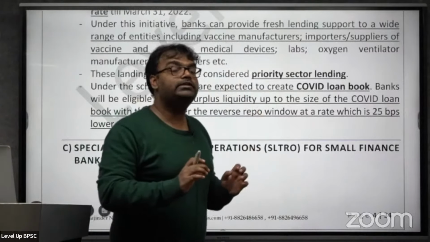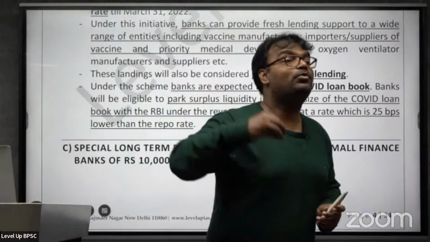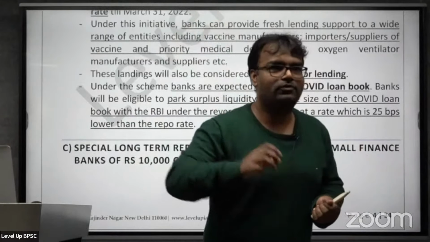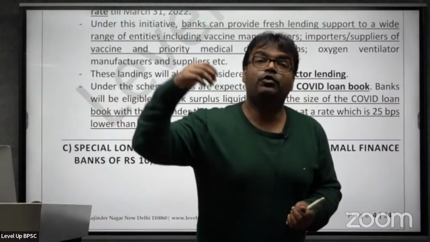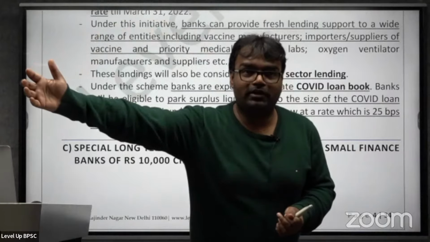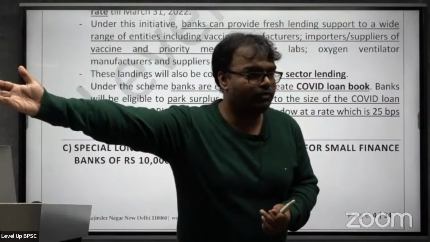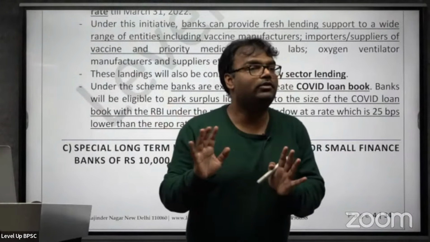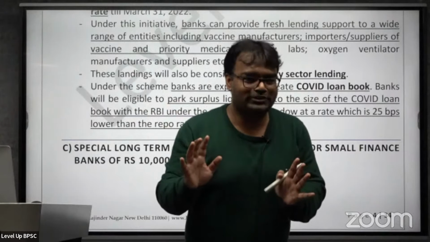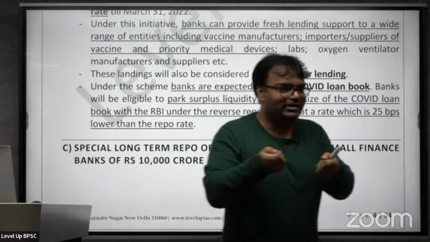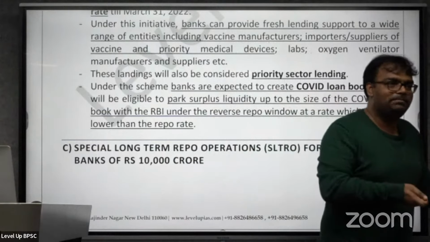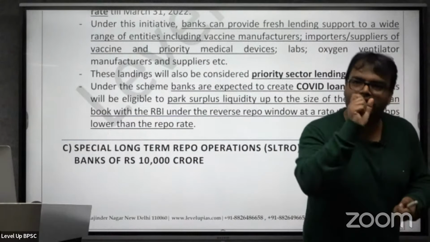यहाँ पे what we are saying is, bank is saying, in case आप loan नहीं दे, you are borrowing money from us for COVID-19 purposes, but if you are not able to give loan ahead for that, then do not worry, you will not be at loss, not a lot of loss. We will ensure that we'll take back the money, we'll get the money deposited at a rate slightly lower than reverse repo.